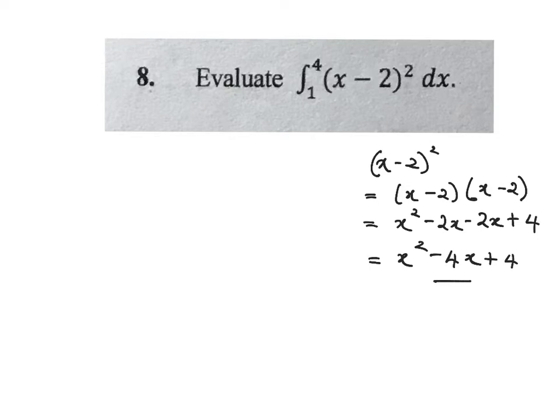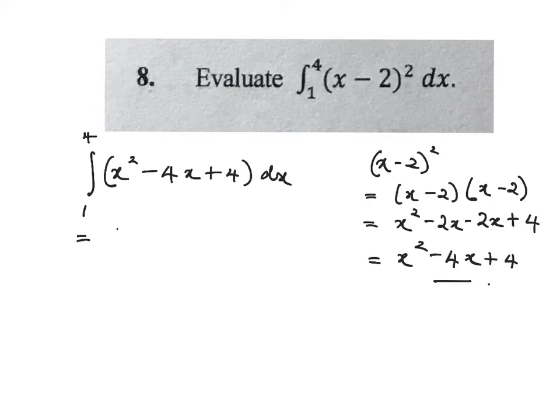You already know how to integrate a bracket like this. I suppose it doesn't really matter how we do it. So we're integrating from 1 to 4, x squared minus 4x plus 4 with respect to x.